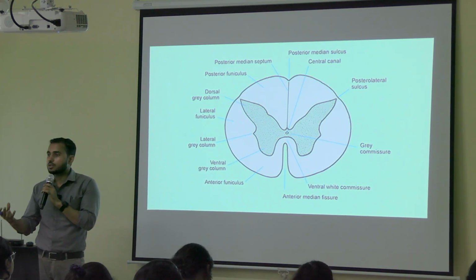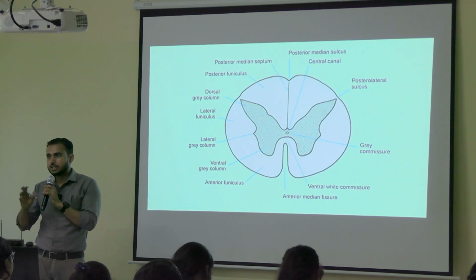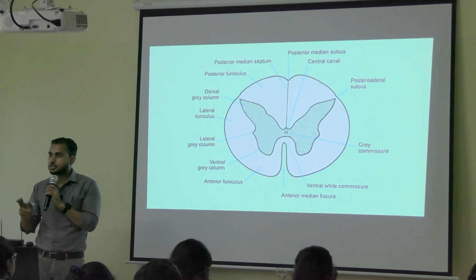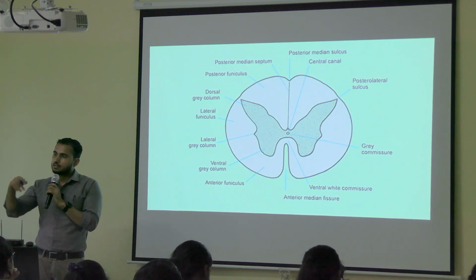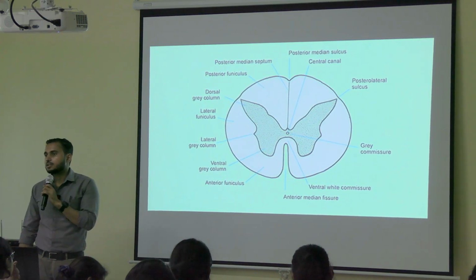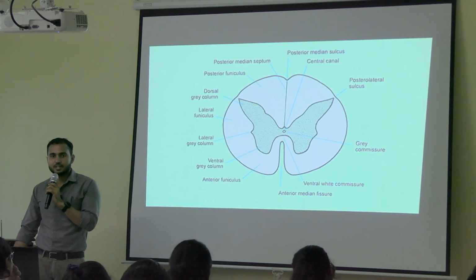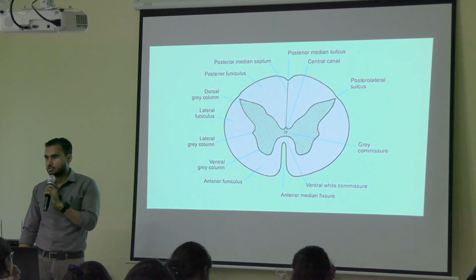Okay, it will be specific. I don't know whether you have studied this or not. If you have not studied, you have to study this. Okay, and then where it is reaching, and then what are the different types of sensation carried by the tracts. These are the points that must be there whenever you are studying any of the tracts.